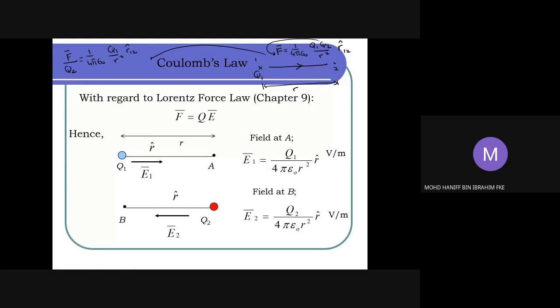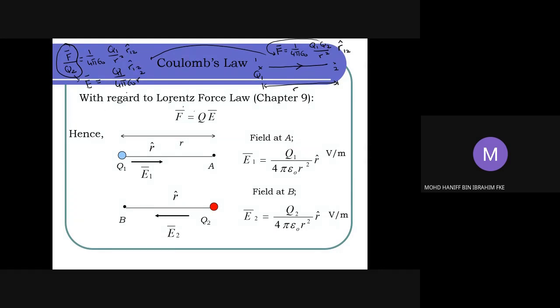This F divided by Q is defined to be the electric field intensity E, force per unit charge. So we define this to be the electric field intensity E, and from this equation we can rewrite it as Q1 over 4 pi epsilon naught R squared times the unit vector R from 1 to 2.